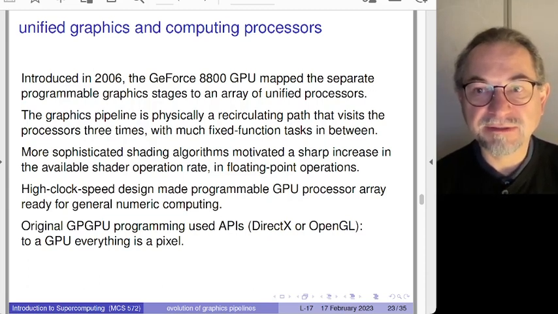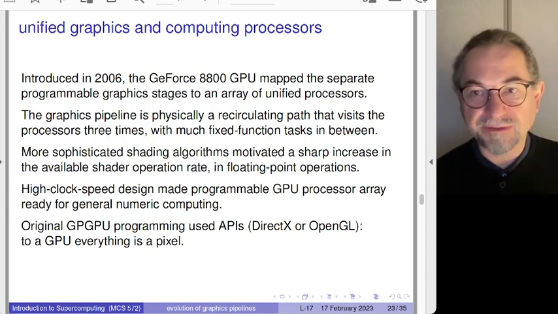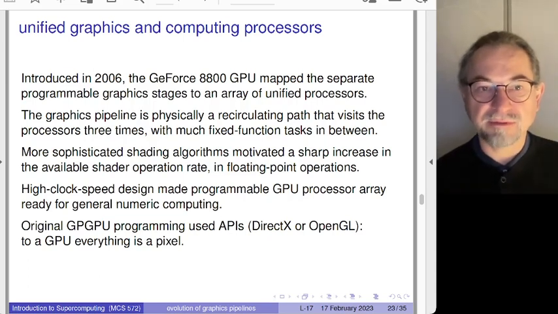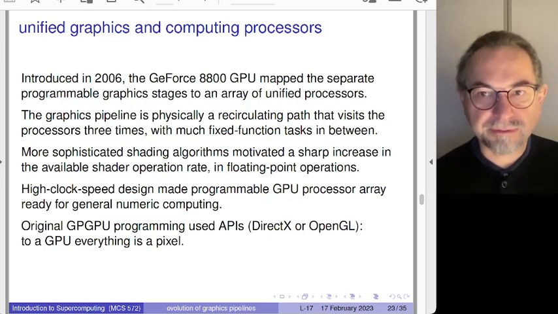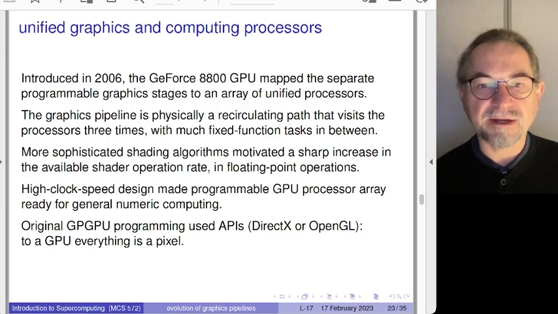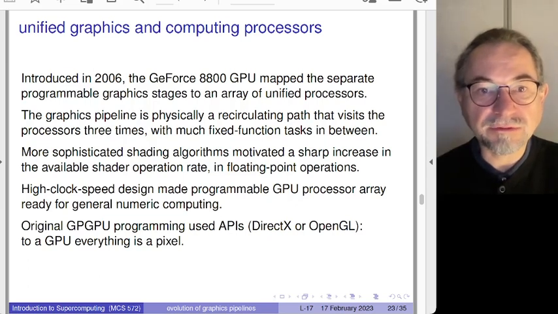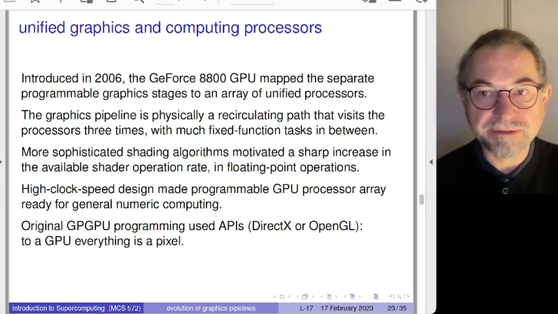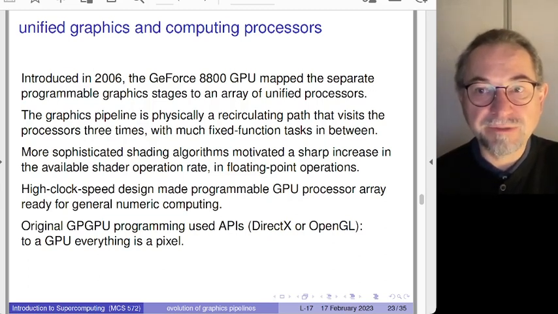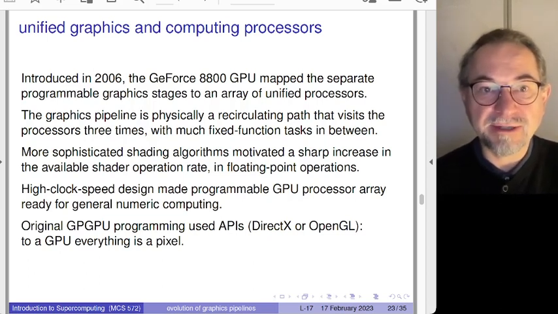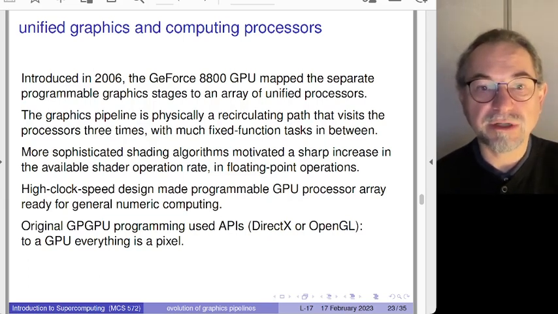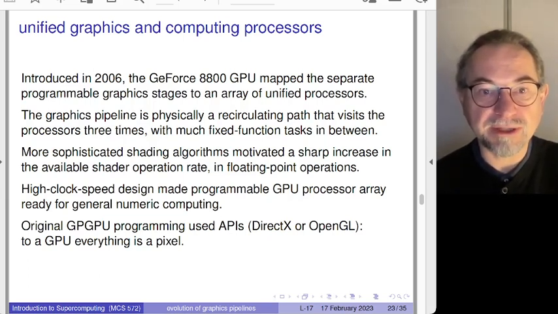So that meant that the graphics processing programmer naturally had everything in mind. Everything was a pixel, but one could start to think about the data as arrays of numbers. And that allowed for general numerical computing. As we will see in the next lectures, one of the staples in scientific computing is the matrix multiplication, and the GPU is extremely well suited for doing that type of operation.